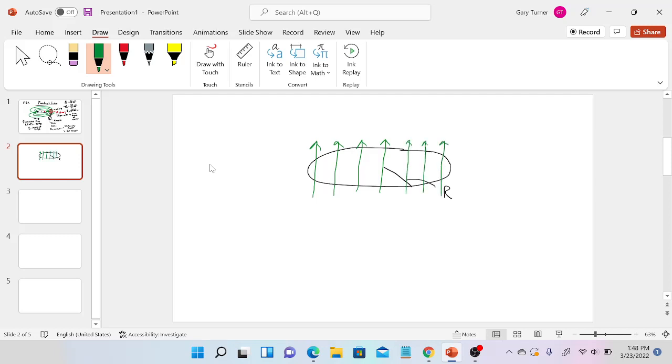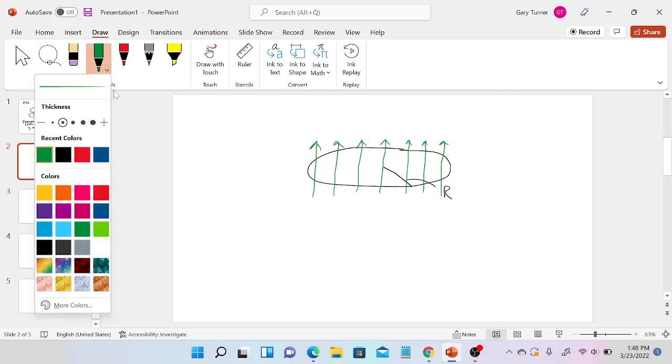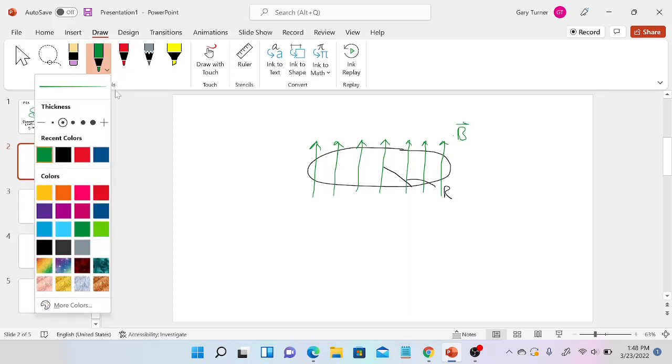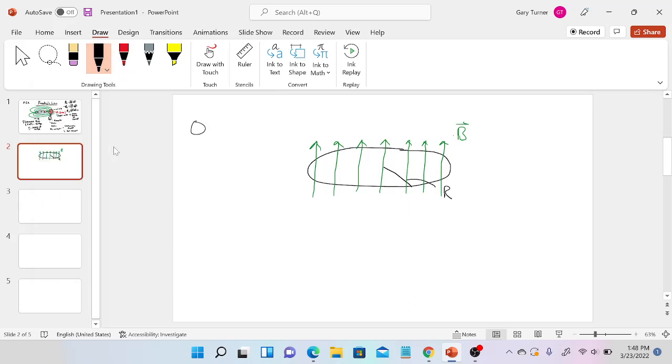Then the magnetic flux is just going to be the strength of the magnetic field times the area, or dotted into the area.